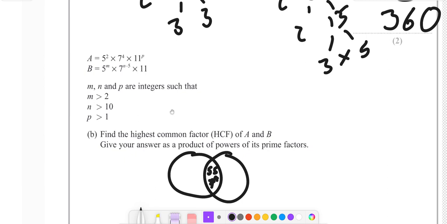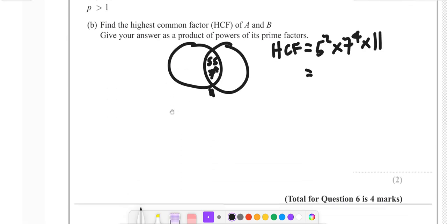And if p is bigger than 1, then there's definitely going to be one 11. So the highest common factor is all the things in the middle, which is 5 squared times 7 to the power 4 times 11. There we go.